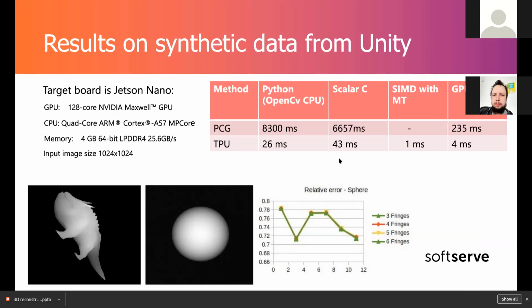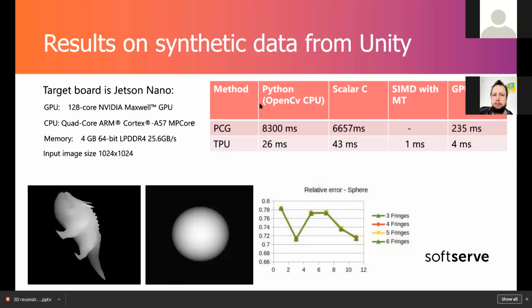Python was obvious for quickly prototyping, and then we tried to implement it in scalar C and in CUDA and C using the SIMD extension with multi-threading.